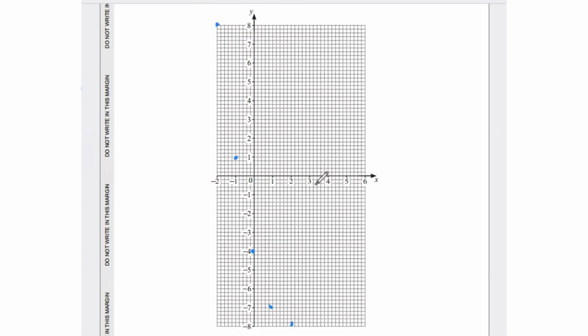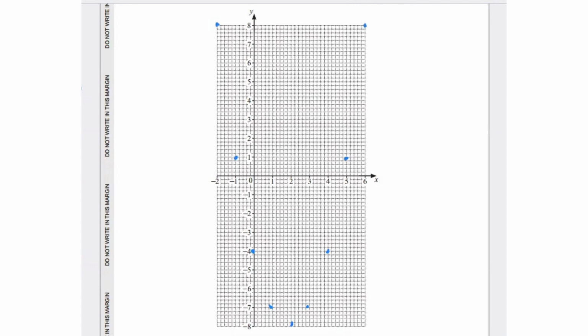Then 3, negative 7. 4, negative 4. 5, 1. And 6, 8.